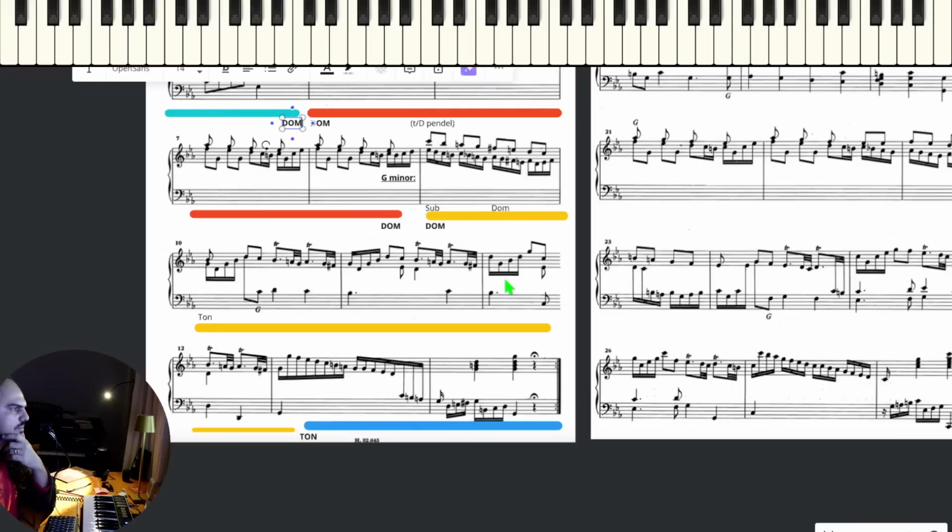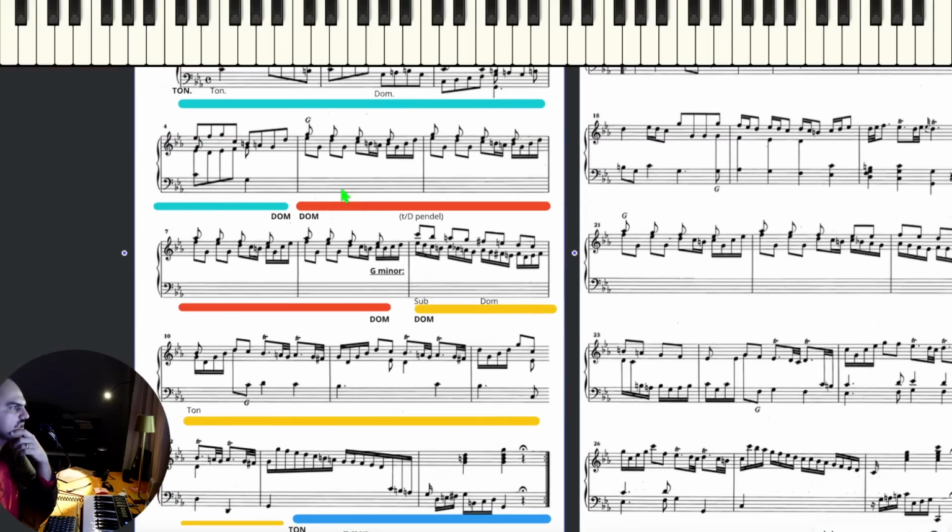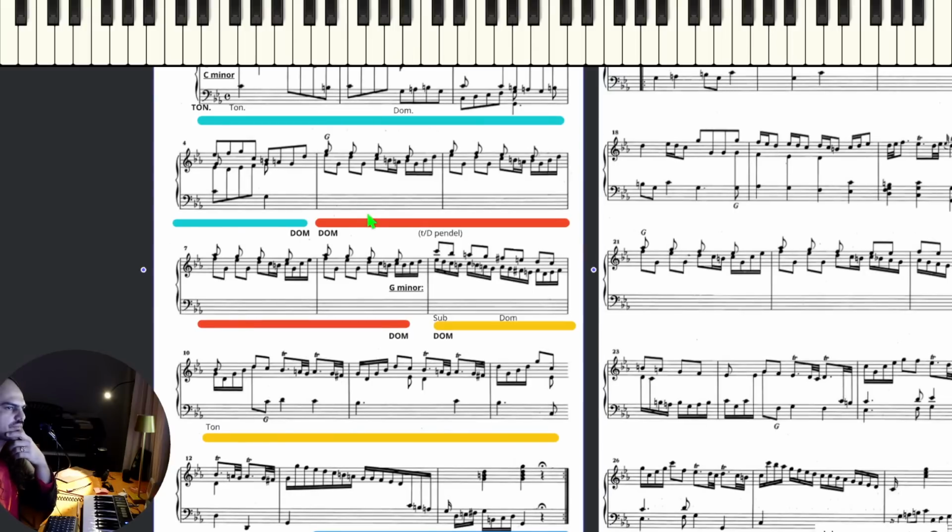So when Schoenberg speaks about an answer in the dominant form, he's speaking about this red line here. So we have a statement in the tonic form and then an answer in the dominant form.